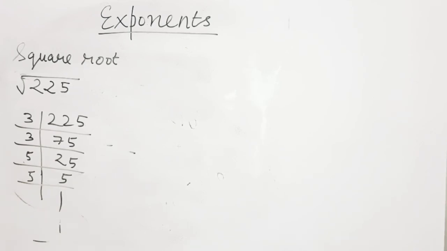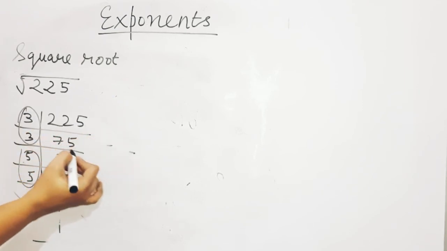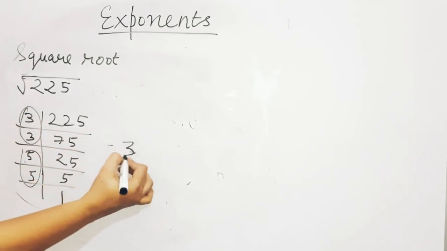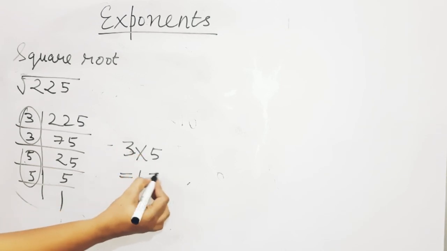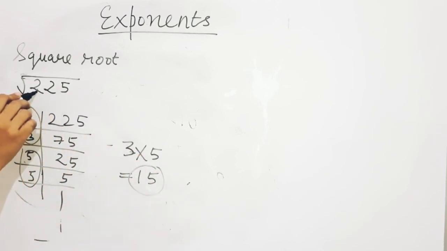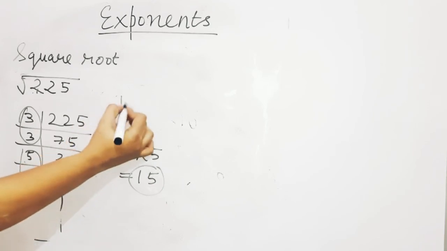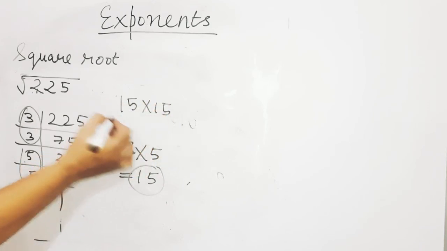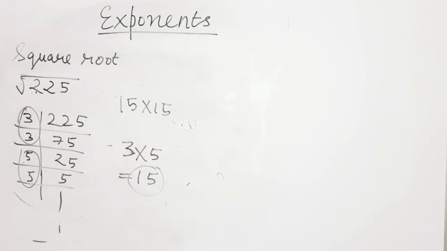See, as you can all see, pairs of two are forming. For each pair you will take a single number. It will be 3 multiplied by 5. So 15 is the square root of 225. Once you multiply 15 by 15 you will obtain 225. This is how you obtain the square root of numbers.